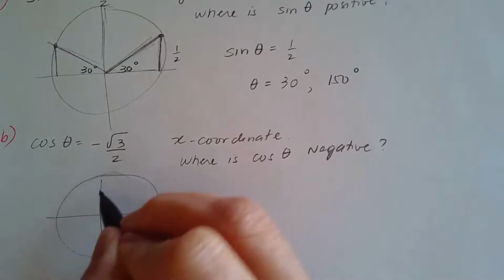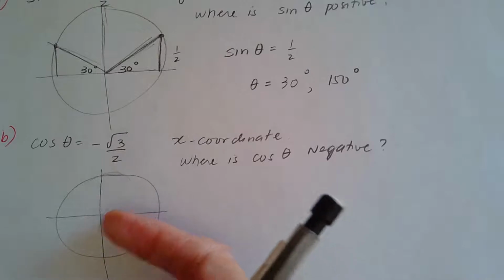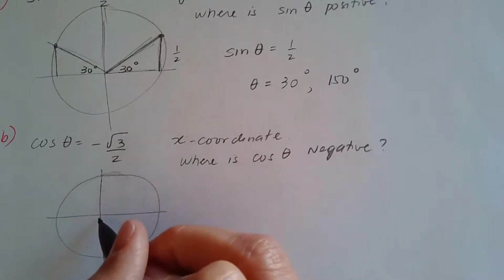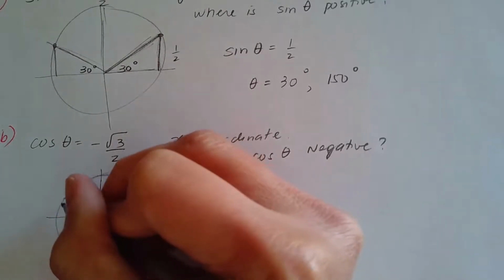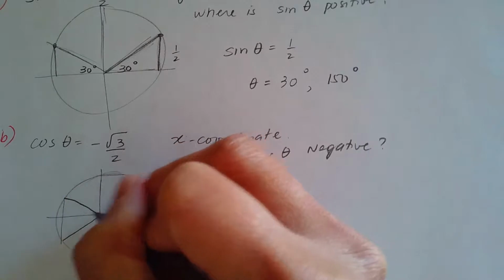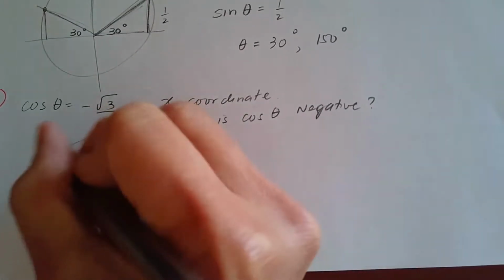It's negative in quadrants 2 and 3 on my unit circle, so it's going to be this way and this way. Okay, so what angle is that?